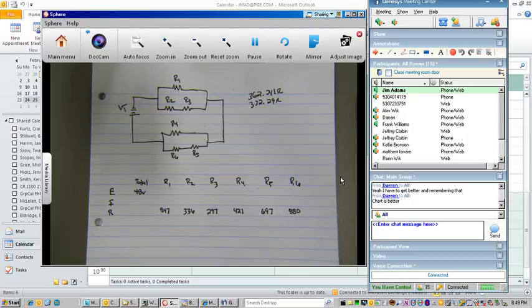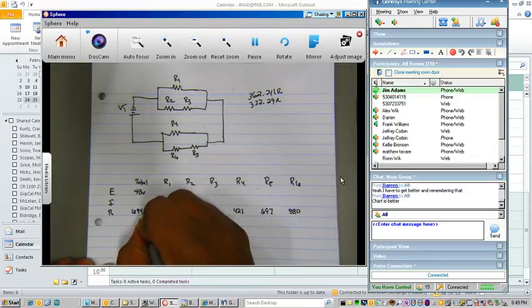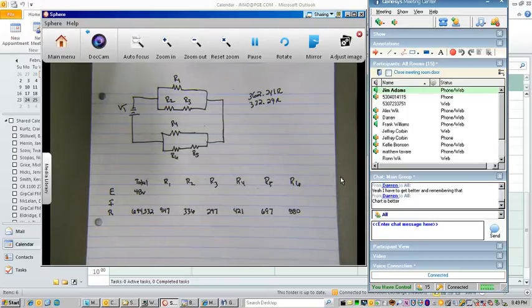Alright, let's see. First thing I would do is find my total resistance. Okay? Let's do this top branch first, right? We got R1 in parallel with our series of R2 and R3. So let's add R2 and R3 together. So that'll be 336 plus 297.